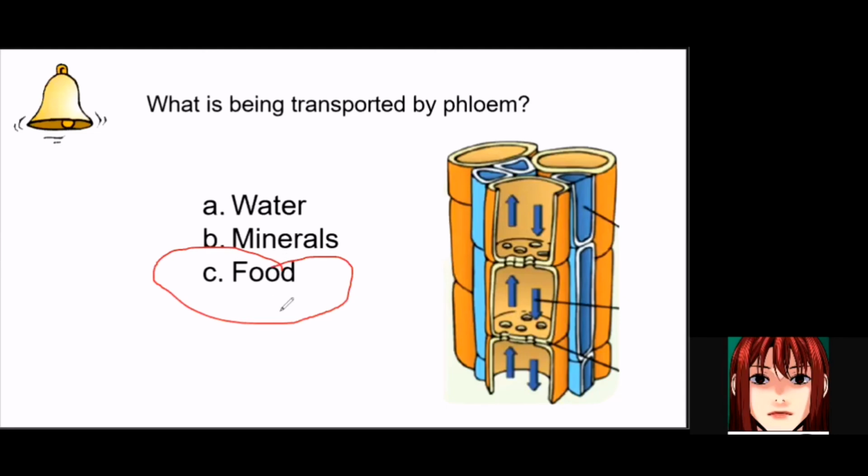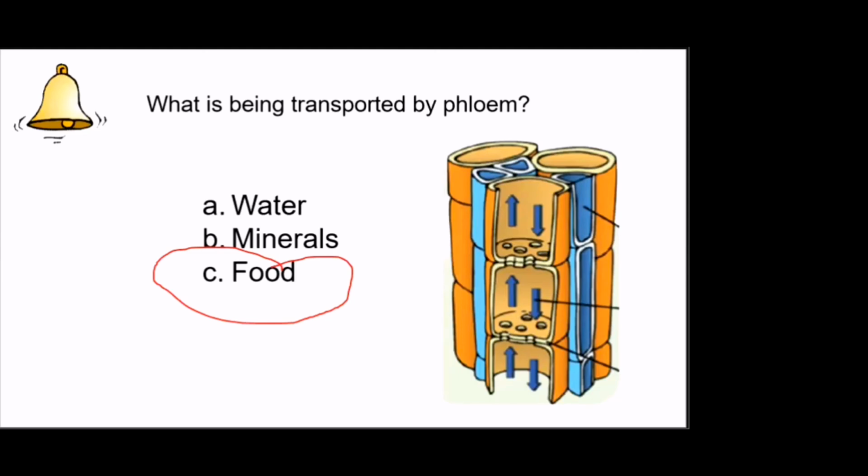Thank you so much. I hope you are learning today. Water and minerals are being transported by the xylem. So let me recap. Today we have learned about transport. Transport is a process in which water, minerals, and food are being transported in plants.